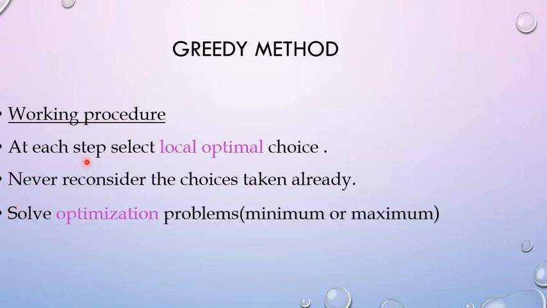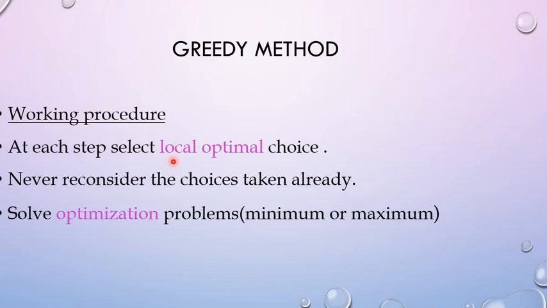And then at each step it selects the local optimum choice, and together these give the global optimum. Each step is local. The answer gathered by joining all the step answers gives the global solution or final answer.